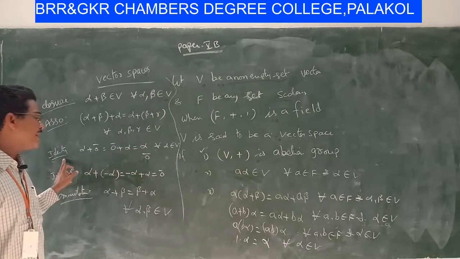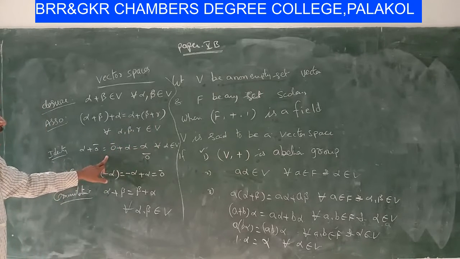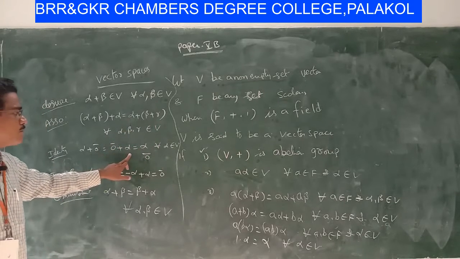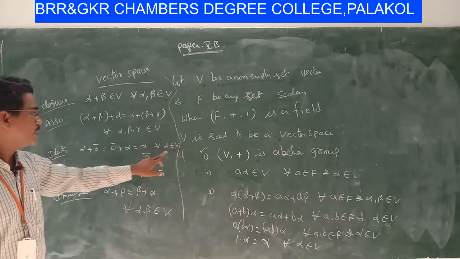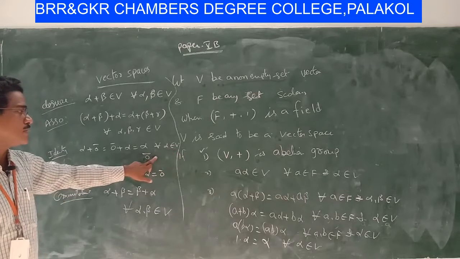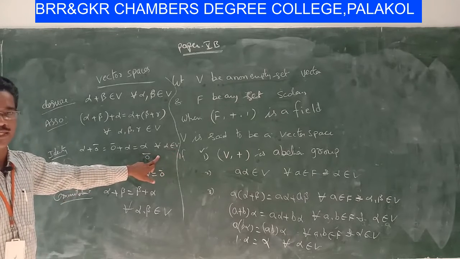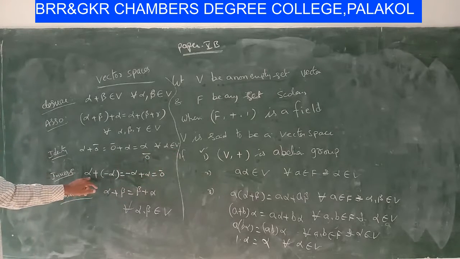Next, identity. Alpha plus 0 bar equal to 0 bar plus alpha equal to alpha. Here alpha belongs to V, and 0 bar is the null vector. Next, inverse.